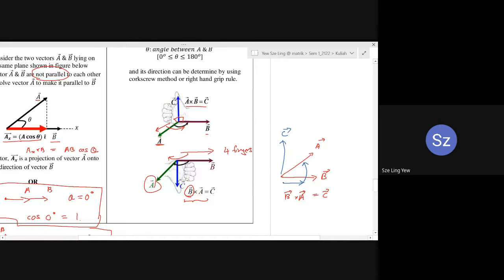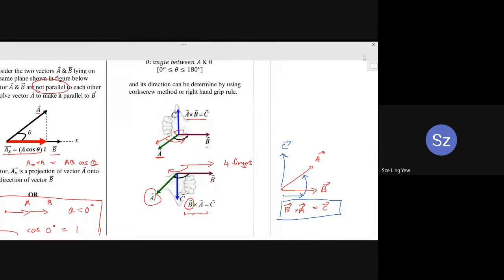So even though you still have B cross A, because the position of A has switched to backwards, instead of coming out of the page, it goes into the page. So you curl your fingers towards direction A. Okay, 4 fingers towards B, and then close them towards A. So you're going to get C going up.